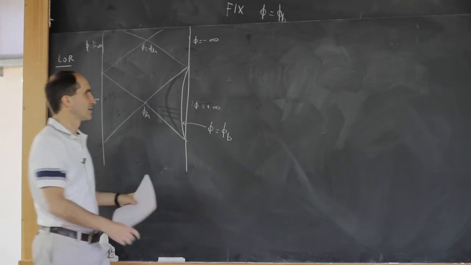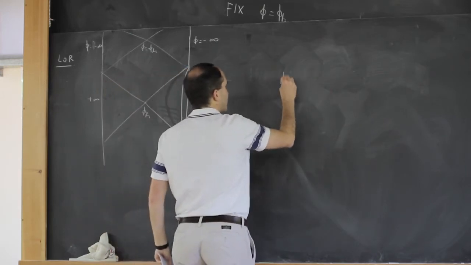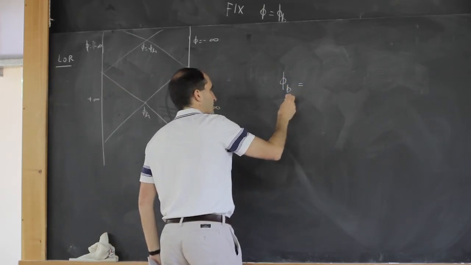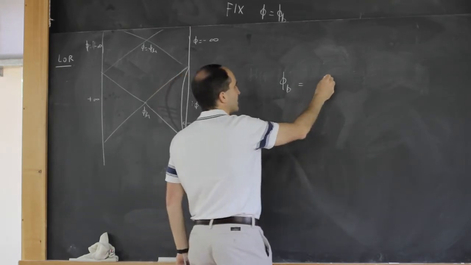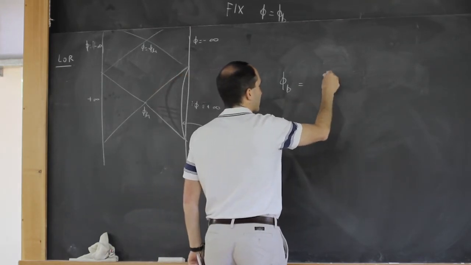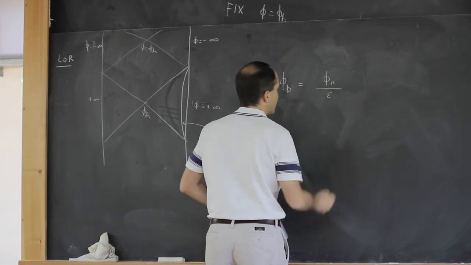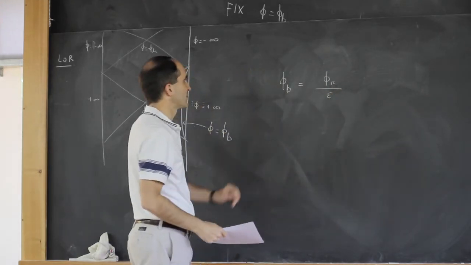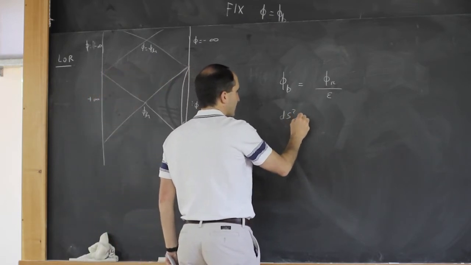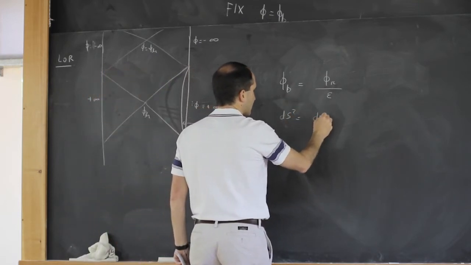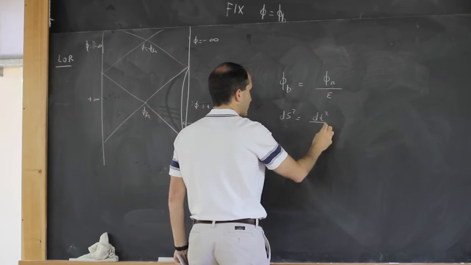We can do the usual so-called holographic renormalization, where we take phi b to be some renormalized finite value times some epsilon, and then we take epsilon going to 0, and we take the metric along the boundary to be, let's say, dt squared, where t is the boundary time.